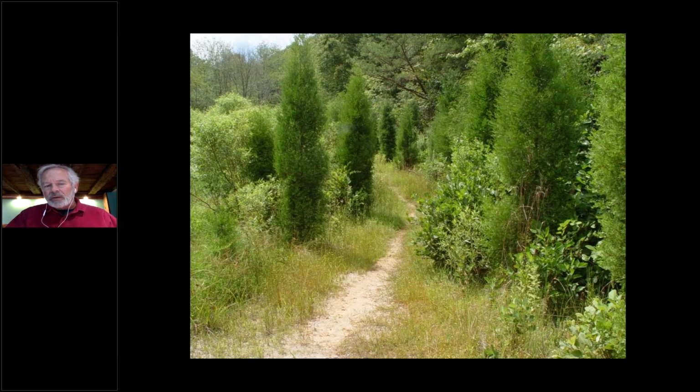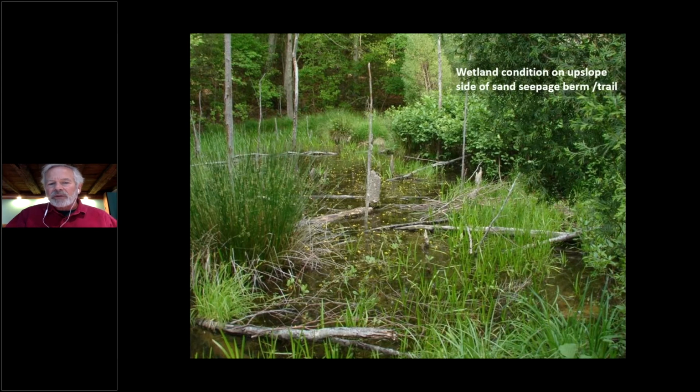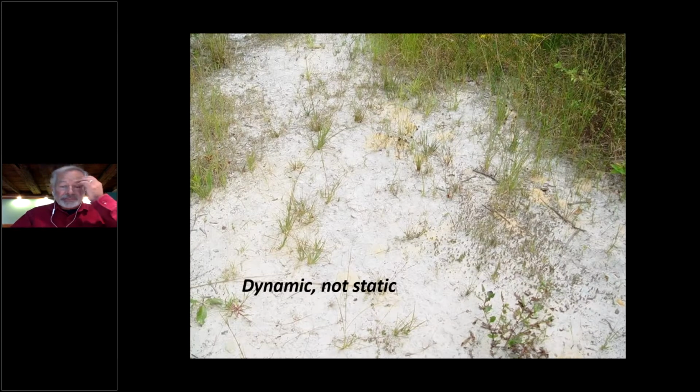So the local community really enjoys walking out here, seeing wildlife, and enjoying themselves. This is what that seepage reservoir looked like after a decade. A beautiful peat-producing wetland system, just incredible habitat, and all kinds of terrific things happening from a biological perspective.